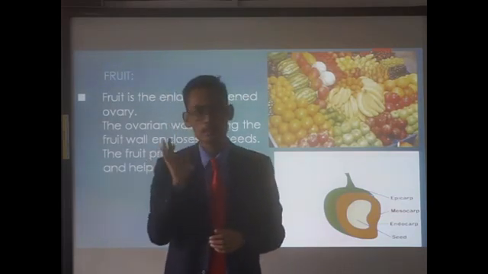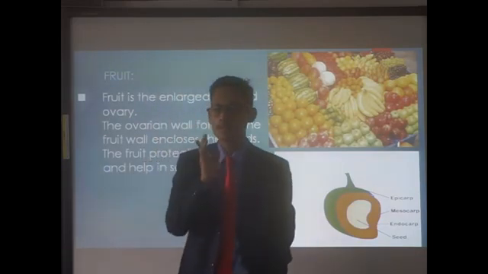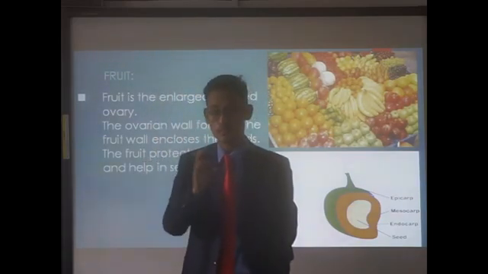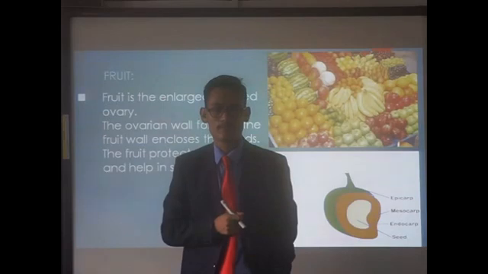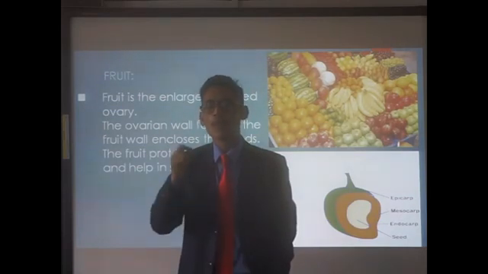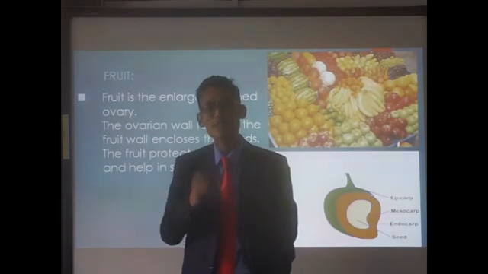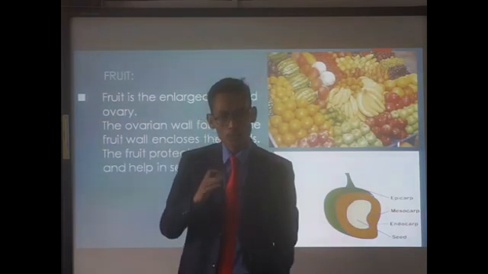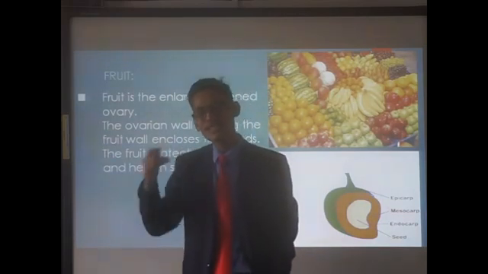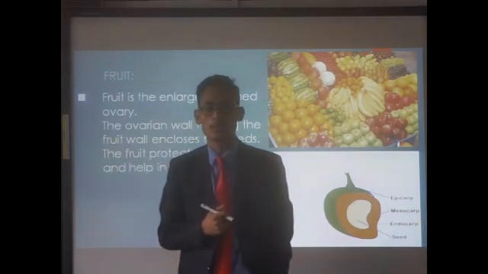Now in case of flowering plants, we have learned the process of double fertilization, where there is formation of a zygote and the formation of an endosperm. Clear? And what are the actual changes that occur after fertilization? We have also learned that.